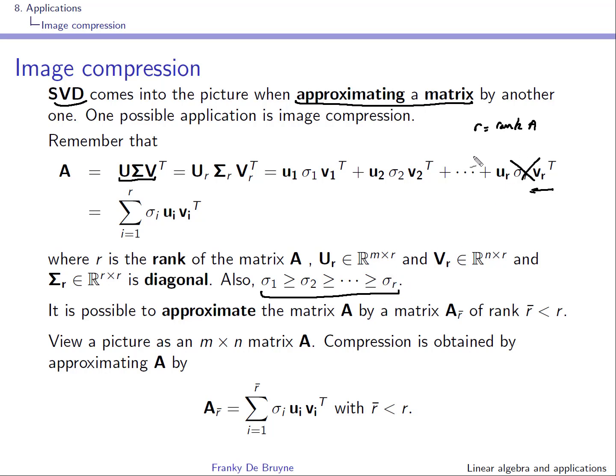So here A is a rank R matrix, and if you cross out a few terms, you end up with a matrix that has the same dimensions but has rank R bar, and R bar is the number of terms that you take into this sum, and it's defined over here. Okay, so we will see visually what will happen if we take a matrix. This matrix will have rank 200, it will be an image, and we'll start compressing it.